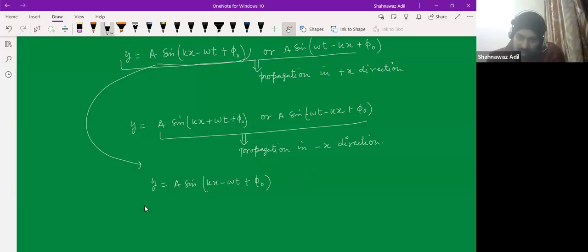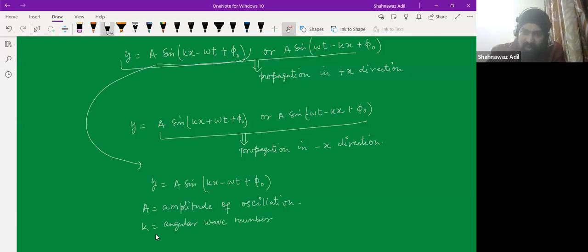So A is the amplitude or maximum y distance, right? Amplitude of oscillation, right? And then this k is angular wave number.